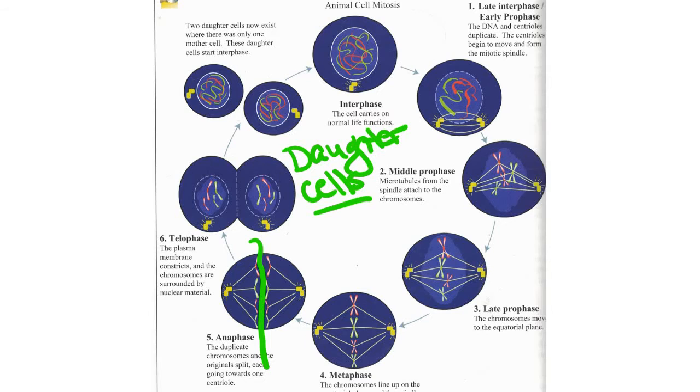Okay, then the last phase is called telophase, and all that happens during telophase is that the plasma membrane kind of constricts or pinches off so that these chromosomes that were pulled off and separated from each other then form two separate cells, and these are called daughter cells, and the daughter cells will look exactly like the parent cell that we started with.